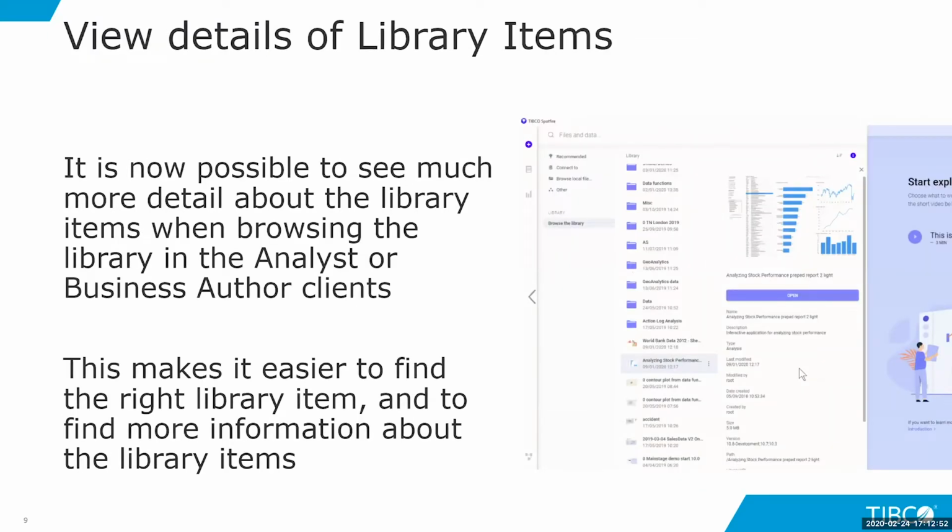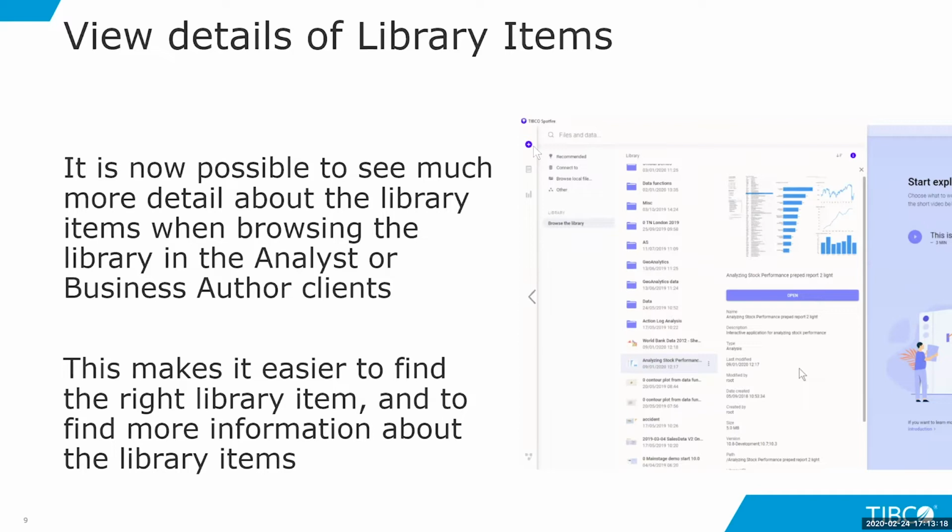And then on to the next larger visual analytics feature. This one is also based on a lot of requests on the ideas portal related to the ability to see the details of library items better than you could before in the Browse the Library section in the Spotfire 10 plus menu.